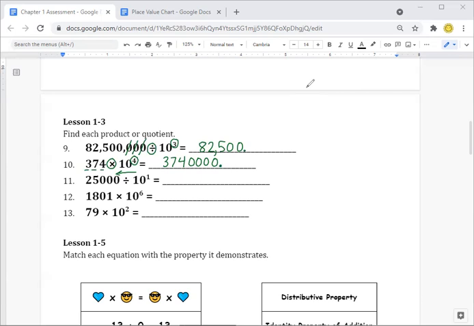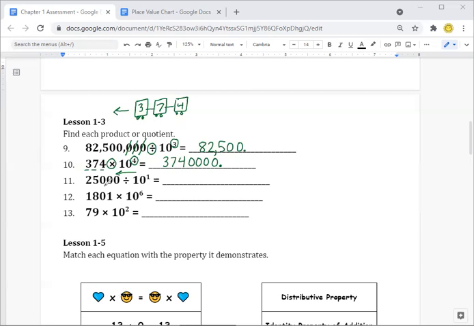I think I talked to you about this metaphor of Thomas the Train Set, where your 3, your 7, and your 4, you have to pretend that they are all connected pieces of a long train, right? And when you move, the 3, the 7, and the 4 come with it. So they'll just slide over down the place values, okay?